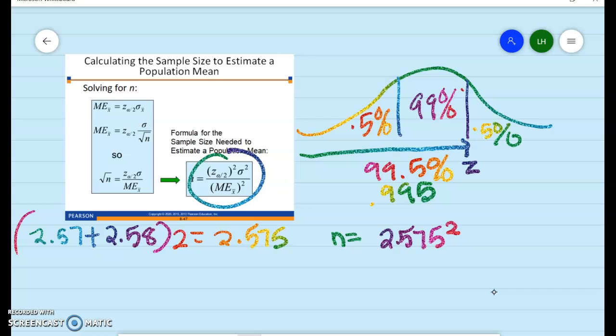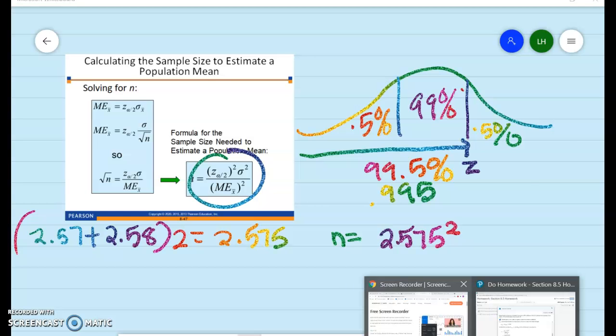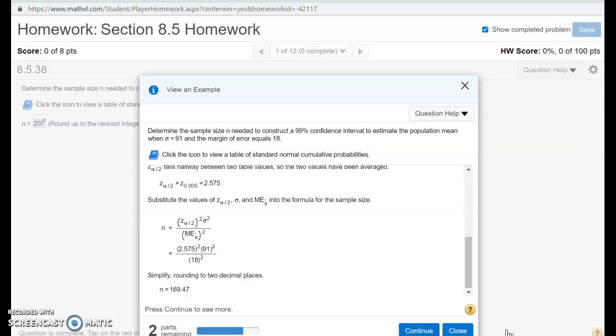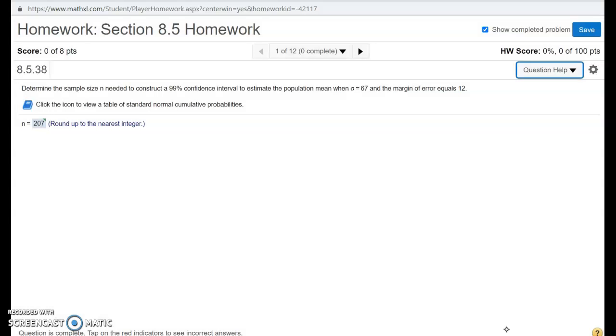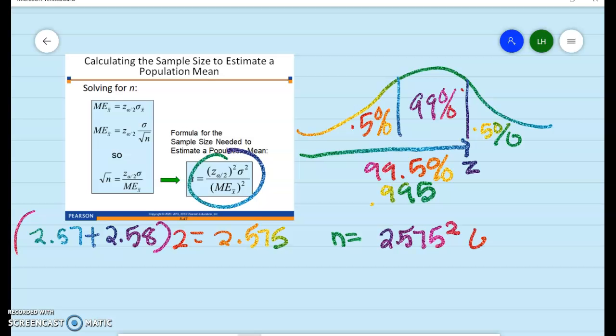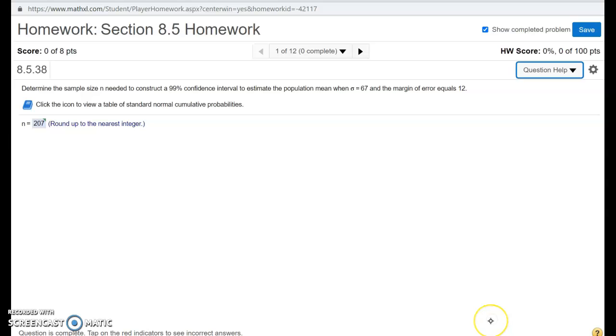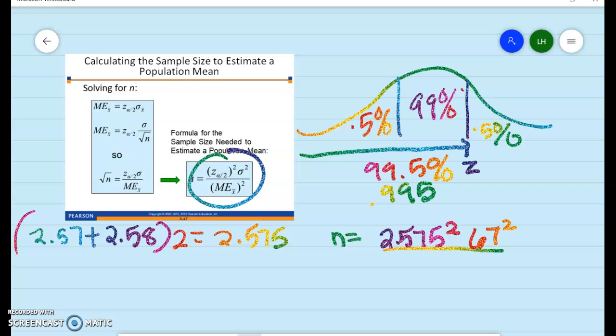So the standard deviation here, and I should have labeled everything, the standard deviation is 67. So we're going to times this by 67 squared. And then the margin of error is 12. They're going to give you that number.